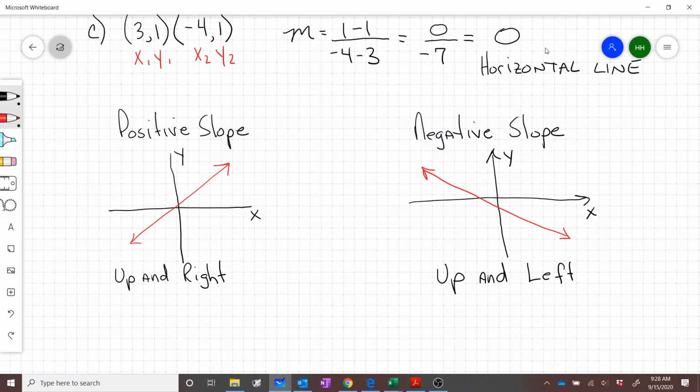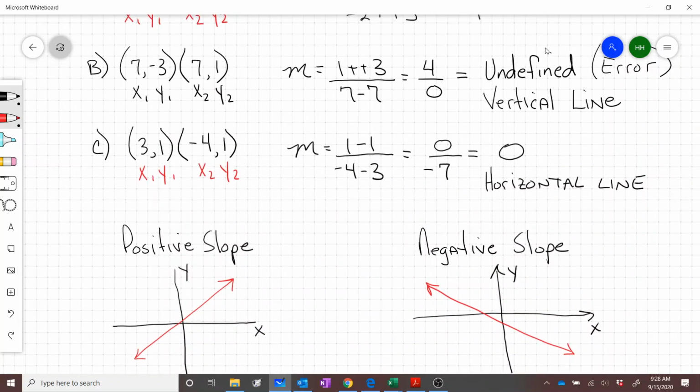Alright, and then we said that a 0 slope is a horizontal line. So right here, horizontal lines, they got a slope of 0. Your m is equal to 0.